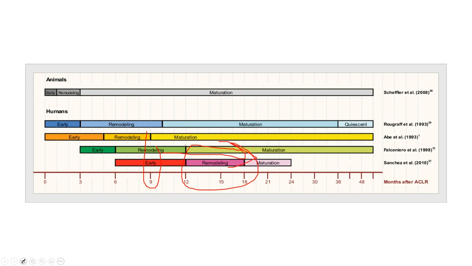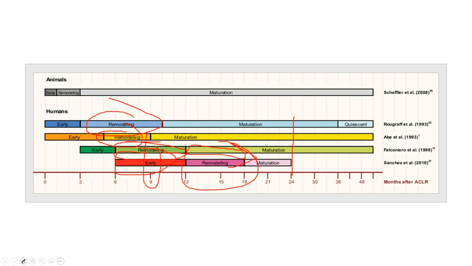It's because they're in that maturation phase. Some people even say push it out longer, because everyone's remodeling process is going to be a bit different. And this is the phase where the ACL is at its weakest if it's rehabilitated or surgically repaired, because again, it's a matrix being formed. It's not the full tendon that's being remodeled, with all that type 1 collagen.